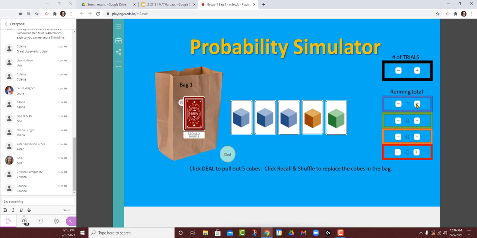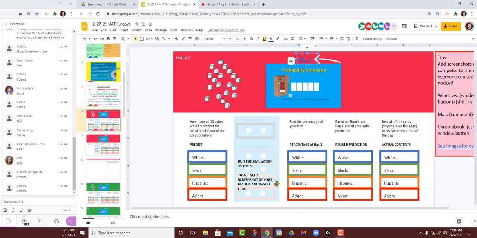So in this one, I got 3 blues, I got 1 orange, and I got 1 green. I'm going to shuffle them to put them all back in the bag. It shakes it all up and deal again. So we'll keep going with this trials. In this case, till we get to 15, and we'll keep adding the totals. Let me reset it for that group. And then we'll put a screenshot in here.